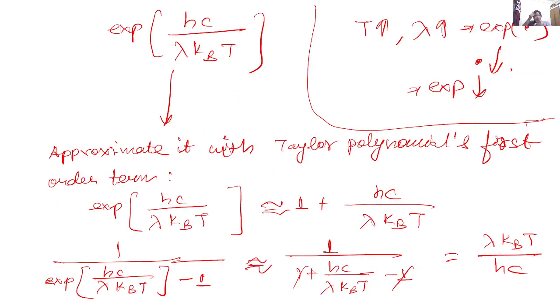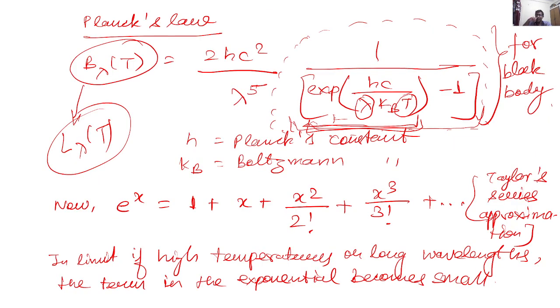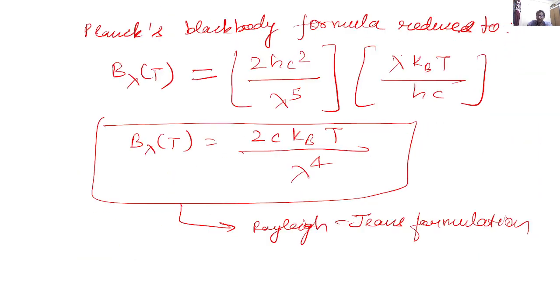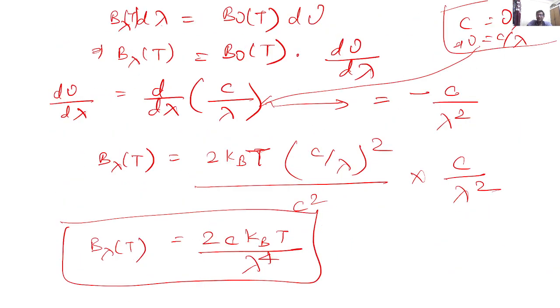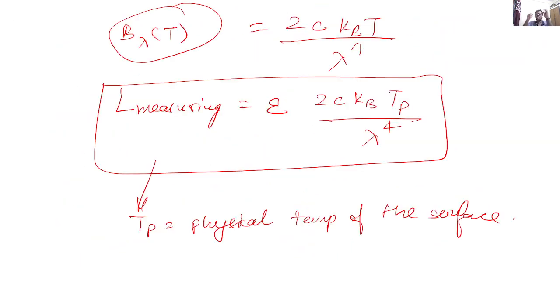Whenever lambda becomes very high, the wavelength becomes very high, we can easily omit the higher order terms in the Taylor series expansion of the exponential term, and hence we can reach the Rayleigh-Jeans formulation from Planck's law. That is what we did. So Rayleigh-Jeans law is useful only for a particular type of formulation.